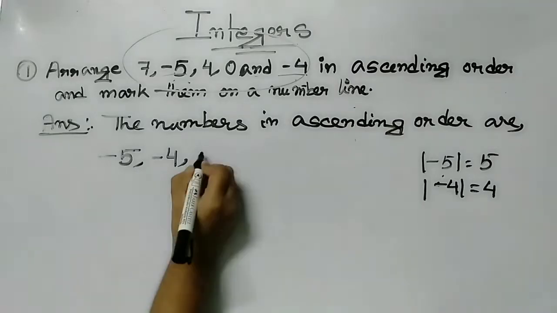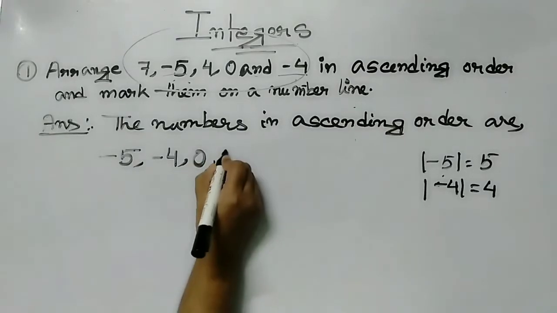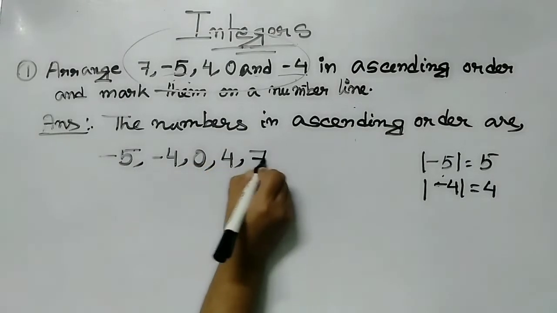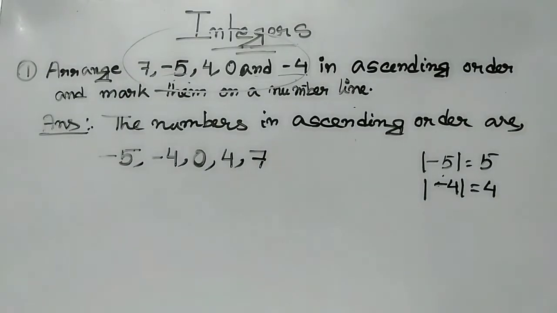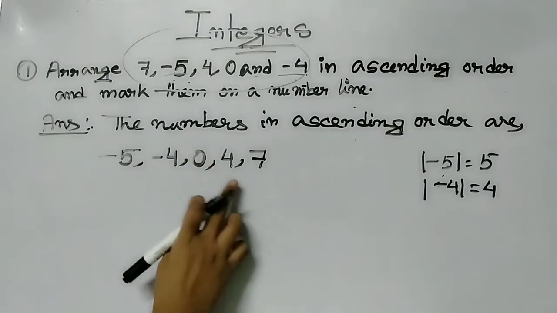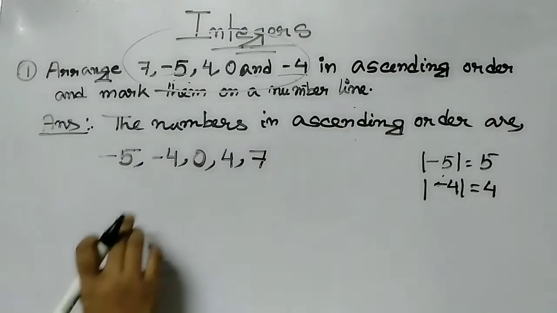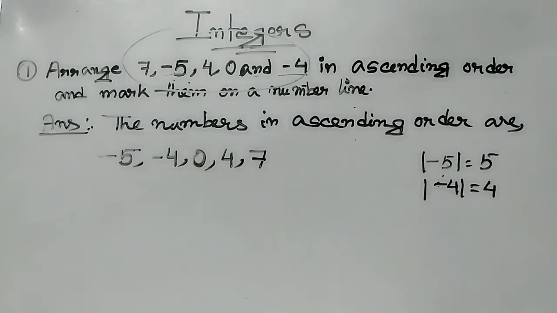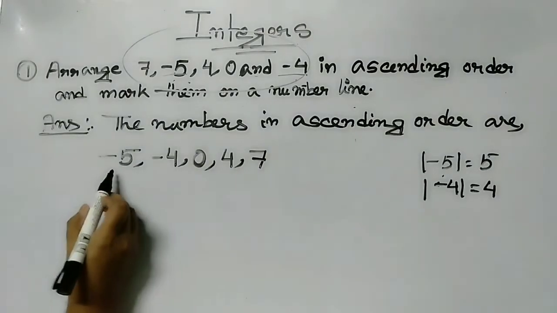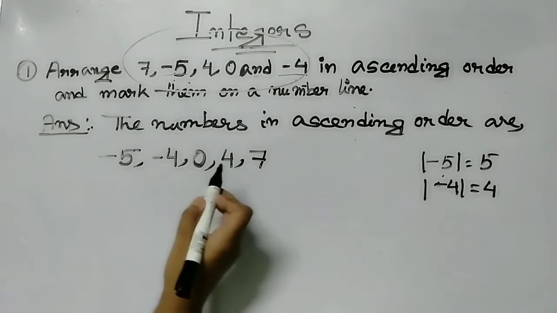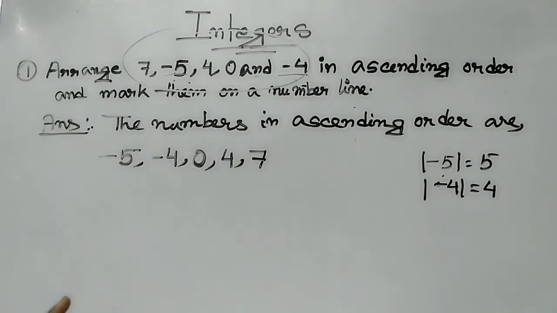Now, 0, then 4, then 7. You know 0 is smaller than 4 and 4 is smaller than 7. So, the numbers in ascending order are minus 5, minus 4, 0, 4, 7.